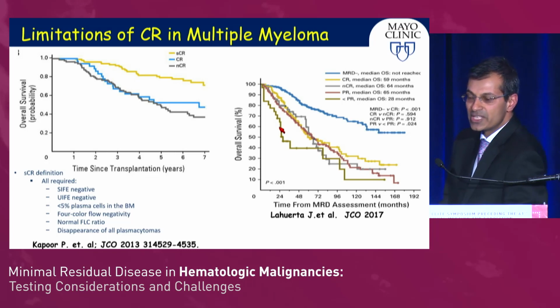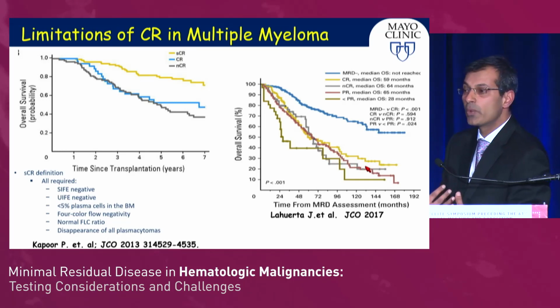And as you can see here, with the newer, more sophisticated technology, in the CR patients who achieve MRD negative state, the overall outcome is far superior to patients who are in CR but are MRD positive, and those patients actually behave just as patients who are in PR or very good partial remission.